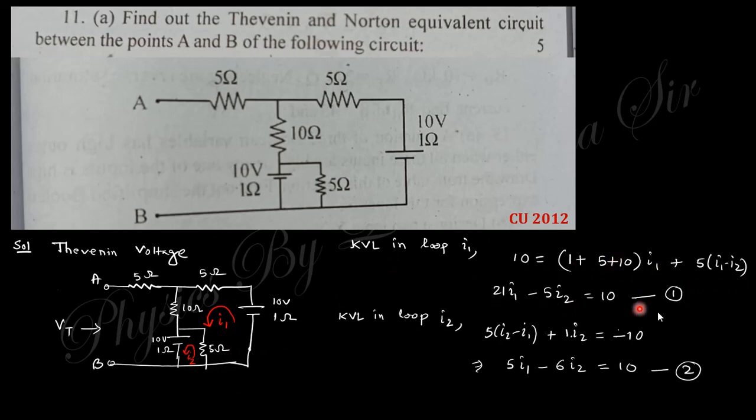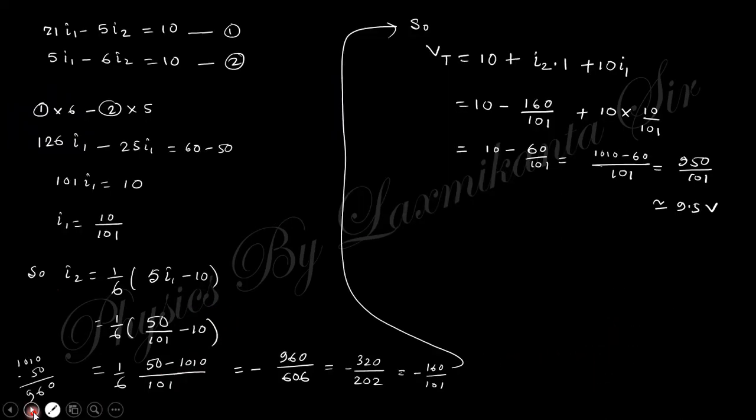If you rearrange them, you will get this equation. And for loop 2, 5 into I2 minus I1 plus 1 into I2 equals minus 10. You will get these two relations. If you solve these two relations, you will get the values of I1 and I2. Just check this calculation. You can do this yourself, no problem.